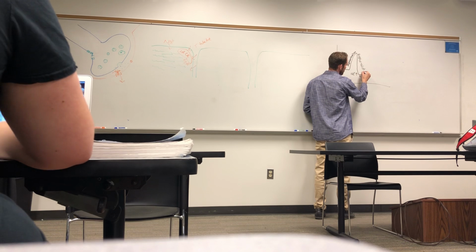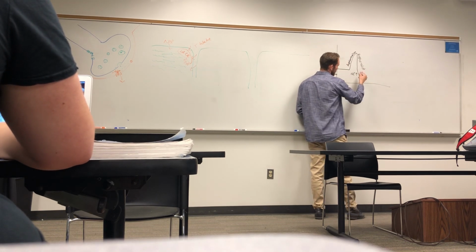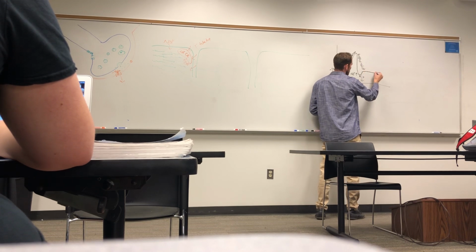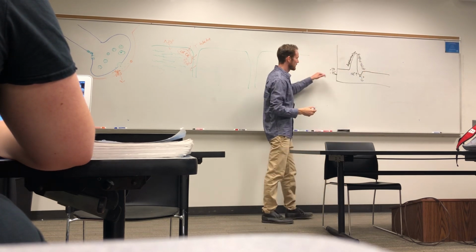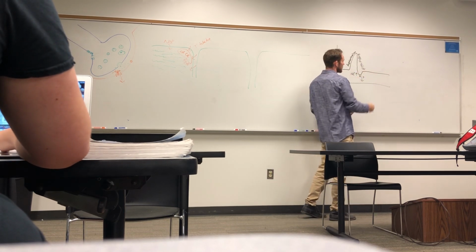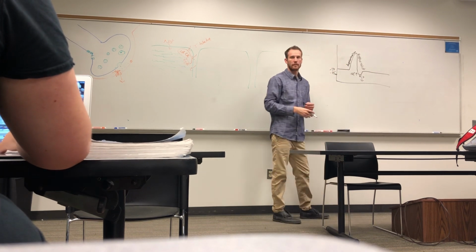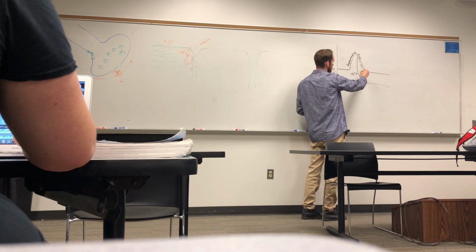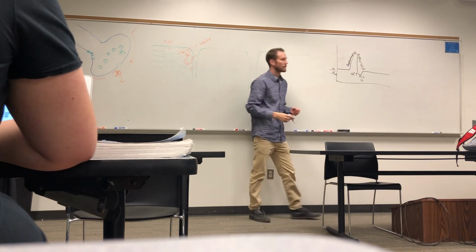It typically overshoots it, and we'll talk about this phase a little bit later, and then it goes back to its resting state because you have those sodium-potassium pumps restoring the chemical gradient. You've already restored the electrical gradient by sending potassium out, okay?